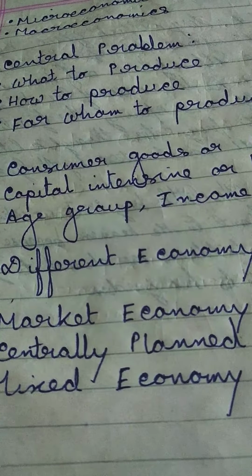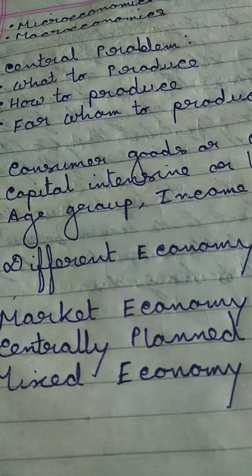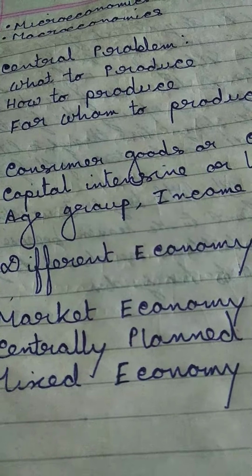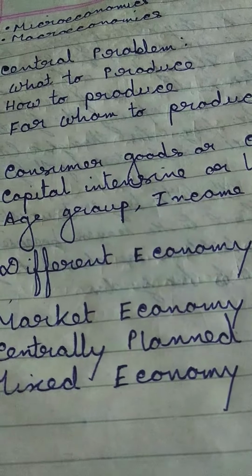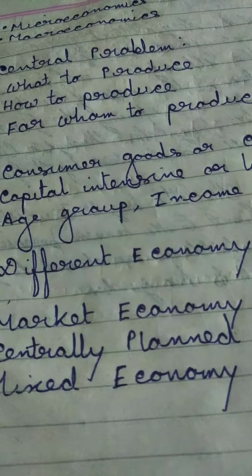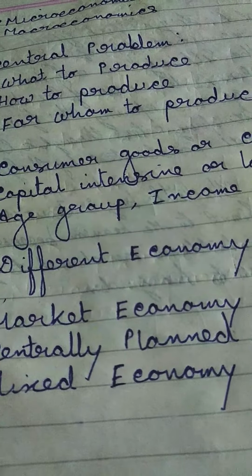Price and quantity demanded are determined through demand. Producers are free to decide what, how and for whom to produce, and on what basis they take their decisions.